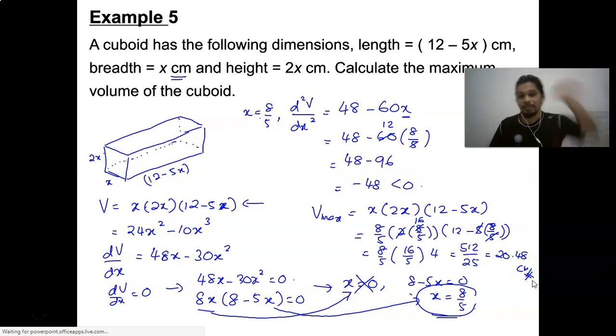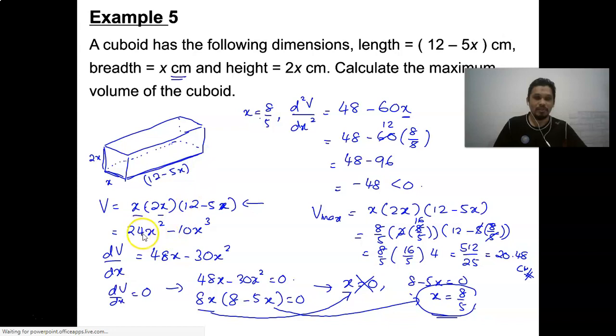So now the first step here, we form an equation: the breadth multiplied with the height and multiplied with the length, 12 minus 5x, then we form the equation 24x squared minus 10x cubed.